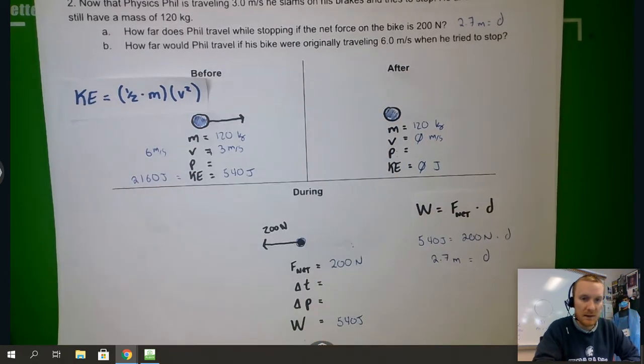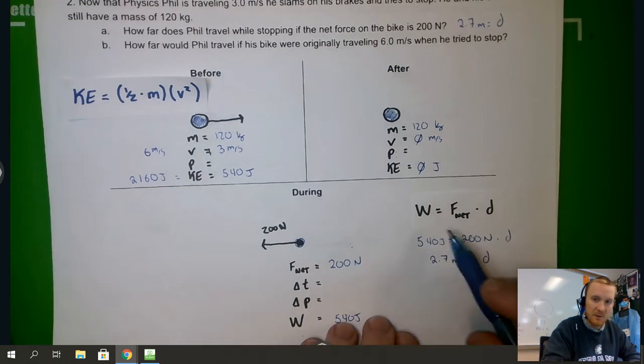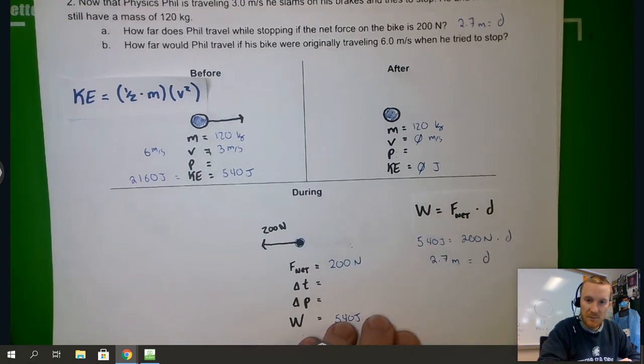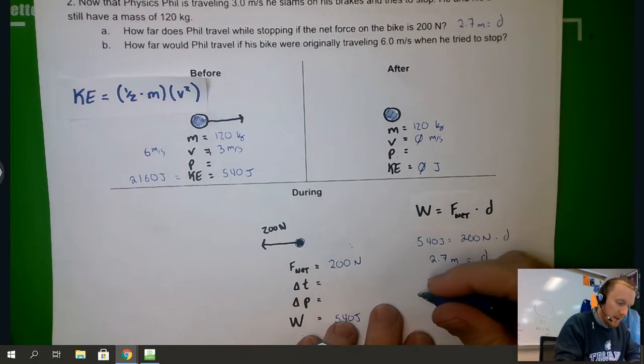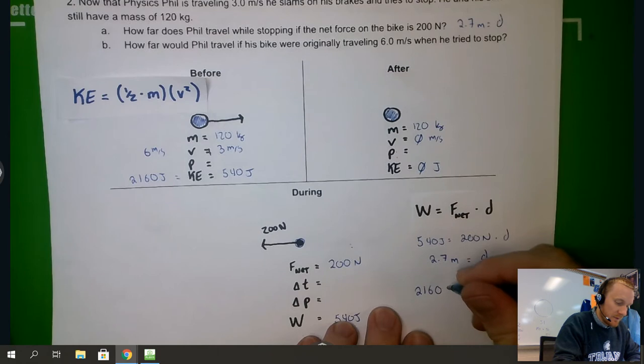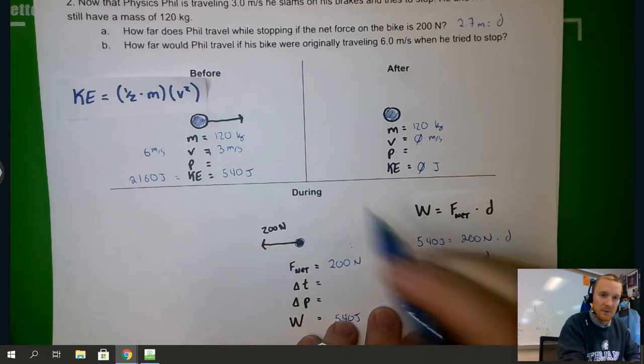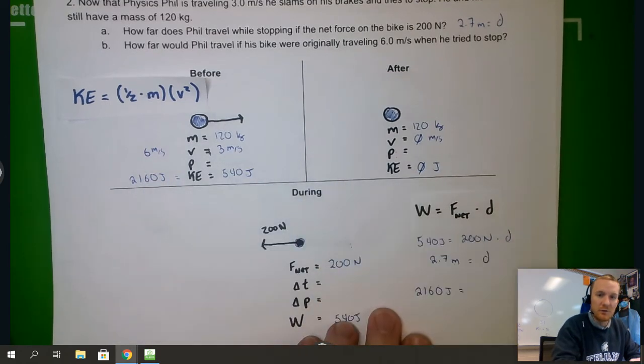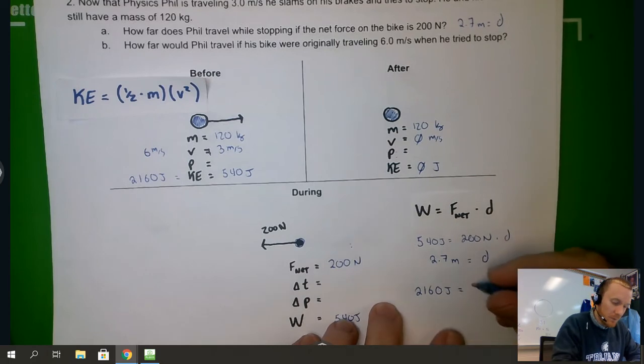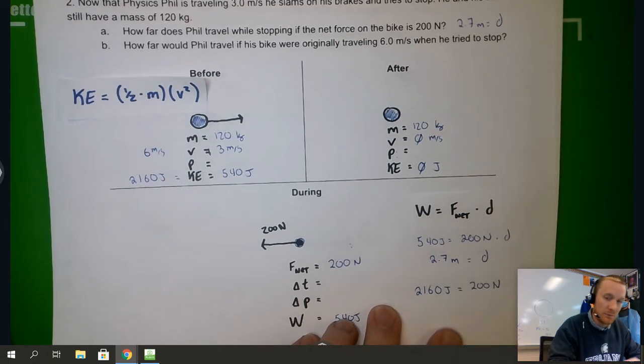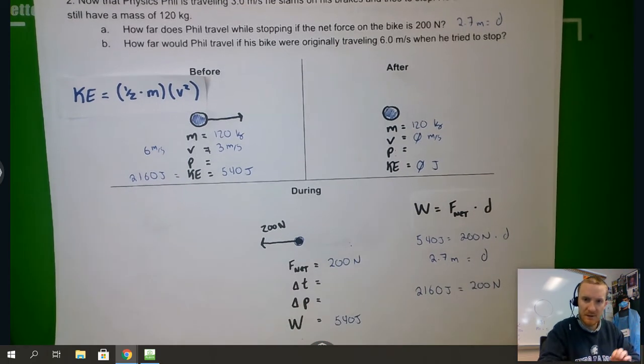That would be the new kinetic energy if we doubled our speed. So you can imagine what that amount of kinetic energy is going to do to our stopping distance. If we had a change in energy of 2,160 joules, that was the work, the difference between our initial and final kinetic energy. We're still applying 200 newtons of force to slow this thing down.